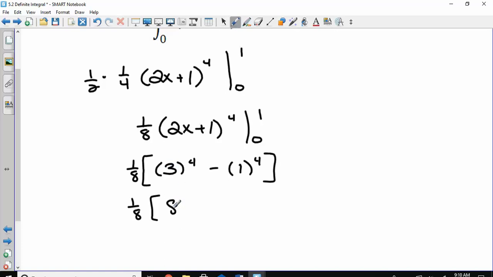So that's 81 minus 1. So we get 80 times 1/8, which would be 10. And these are the exact values. This is not an approximation, a left hand, right hand, midpoint. This is the true value.